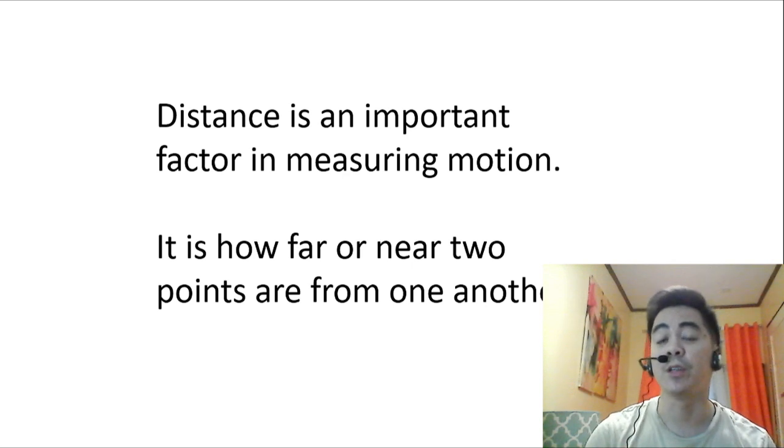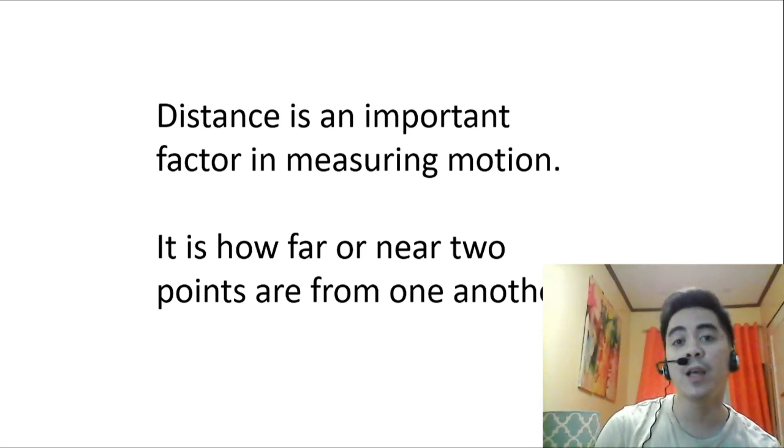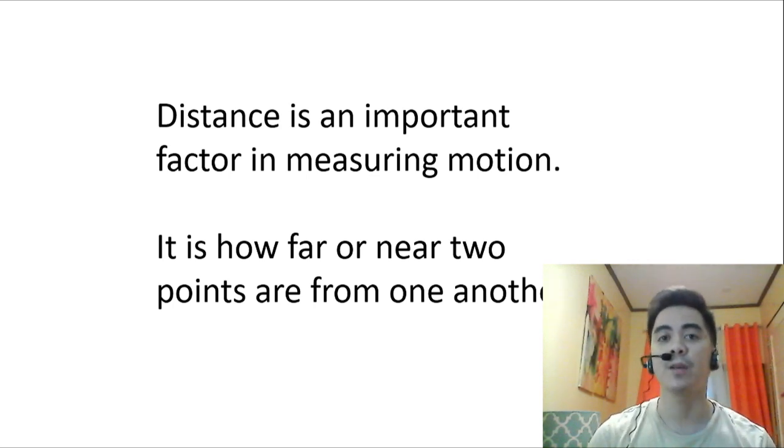There are changes in the time because there are factors affecting it, like an accident or traffic that changes your time of arrival to school.